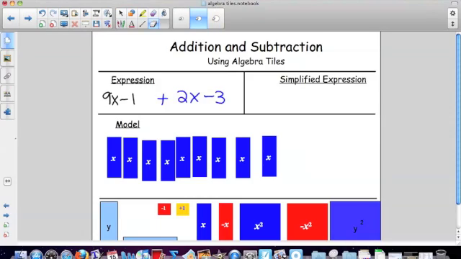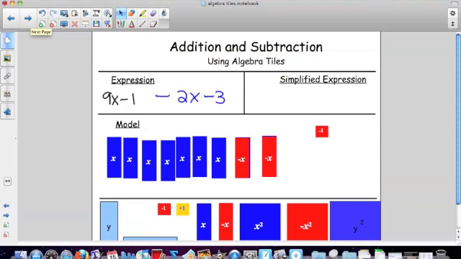Let's just switch this up a little. I'm going to make this a negative 2x. So I have positive 9x and negative 1, so 1 negative unit cube, okay? Now, when I have to subtract 2x or add a negative 2x to it, basically the negative x cancels out 2 of my positive x's.